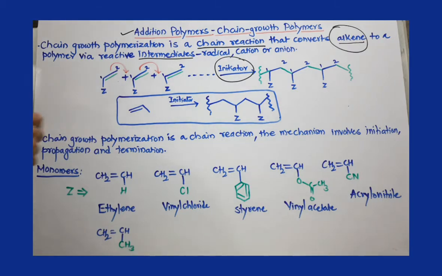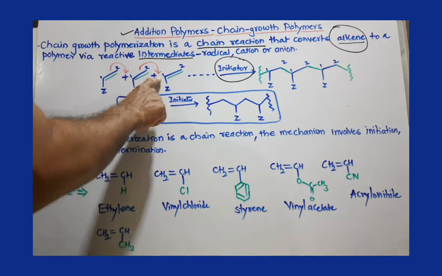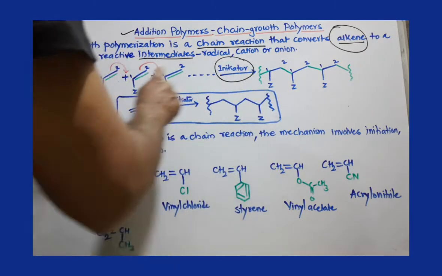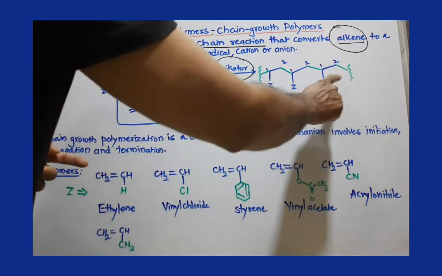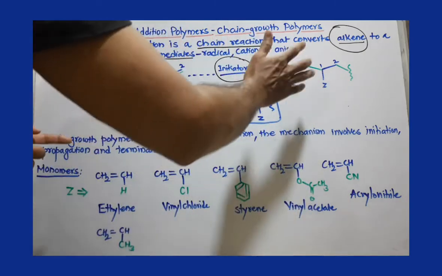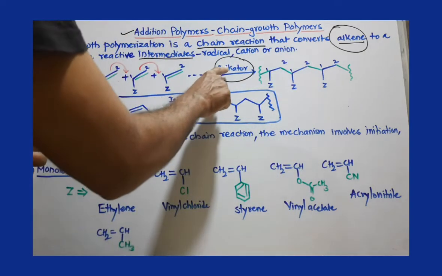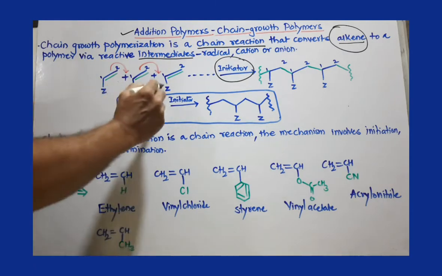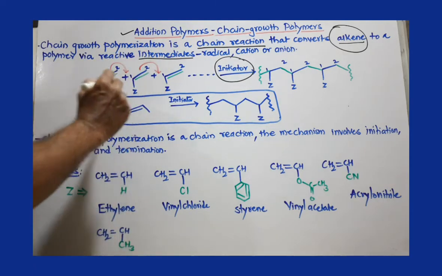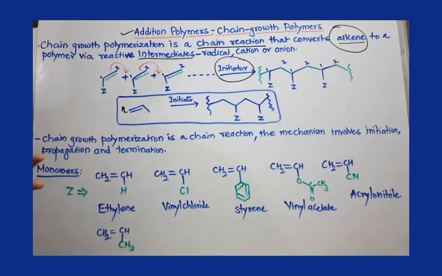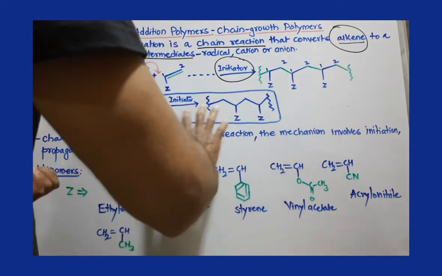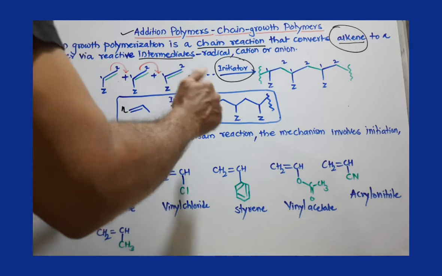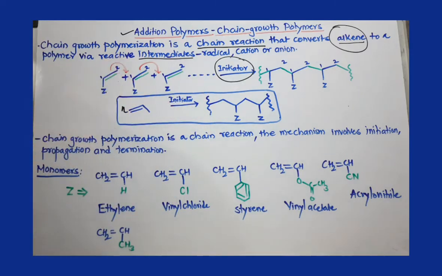These are the monomers, and this is a polymer which is formed after addition reaction in presence of this initiator. Or you can write this in short: n number of monomers you have taken, and we get a polymer after joining monomers together.